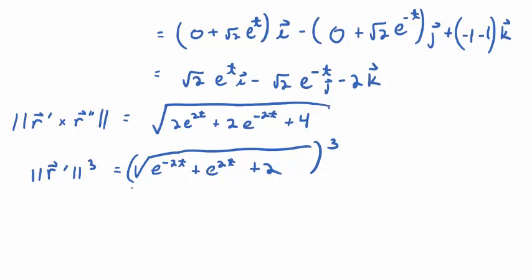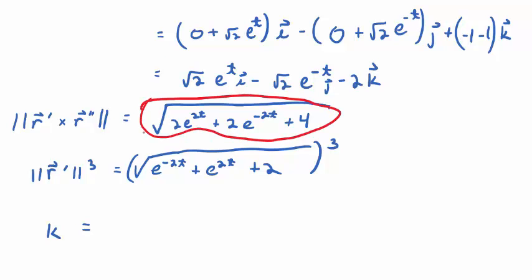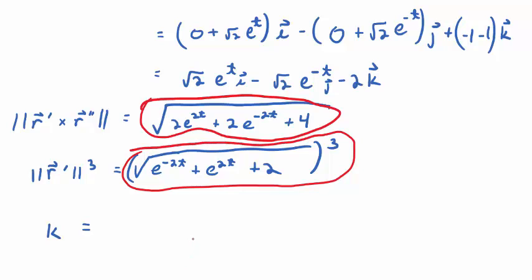Okay. So for curvature then, kind of a raw formula would be, well, take this guy over this guy. But I think we can probably simplify that. But anyway, we'll do that to start.